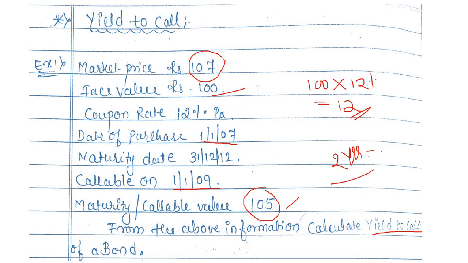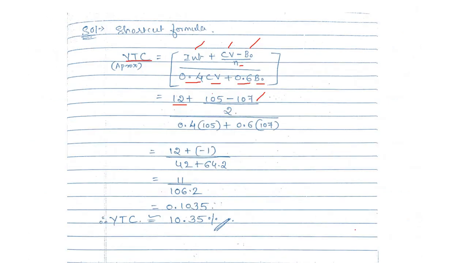That is nothing but your N, so we take N as 2 years. Next, divided by 0.4, which remains the same, into CV, which we already know is the callable value 105, plus 0.6, which remains the same, into B naught, which is 107. We already know that.